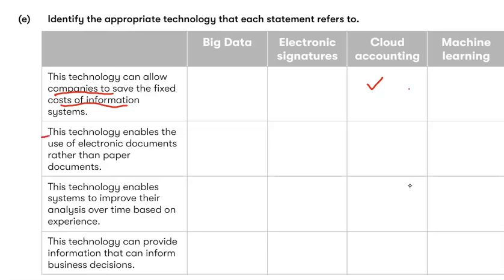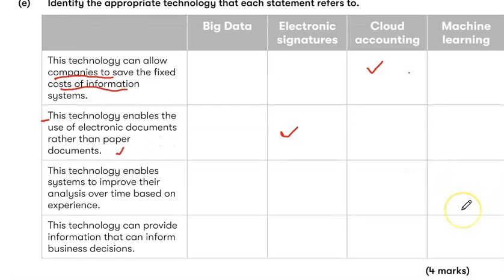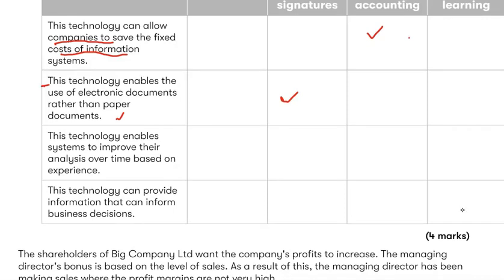Second one, this technology enables the use of electronic documents rather than paper documents. So when we use electronic signatures, we can say this technology enables use of electronic documents. Then the third one, this technology enables systems to improve their analysis over time based on experience.